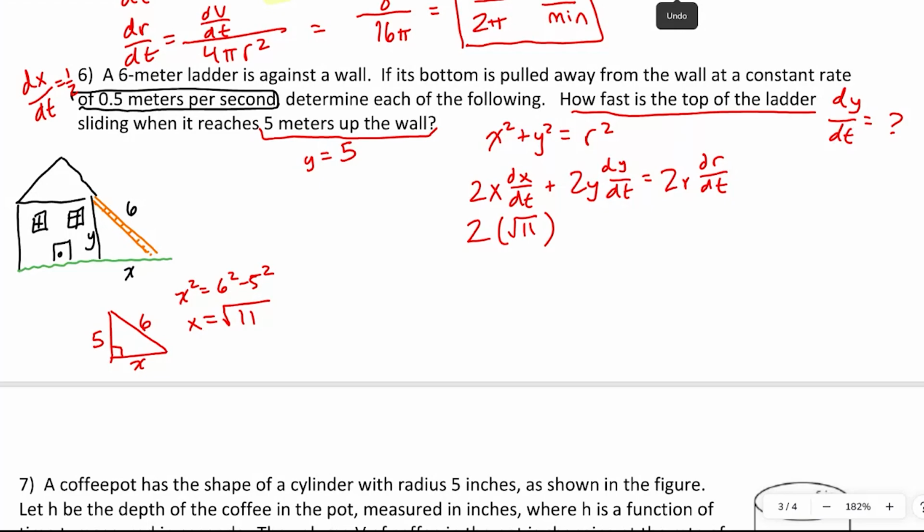Yes, ma'am? So whenever you put dx over dt, why do you have to do that? Because normally we don't have to do that. Because usually what we're doing is we're differentiating with respect to the variable that's there. Like if I want to find the derivative of 2x, before we start getting into implicit differentiation, we would just say this is 2, right? The derivative of 2x is 2. But that's because we're differentiating with respect to x.